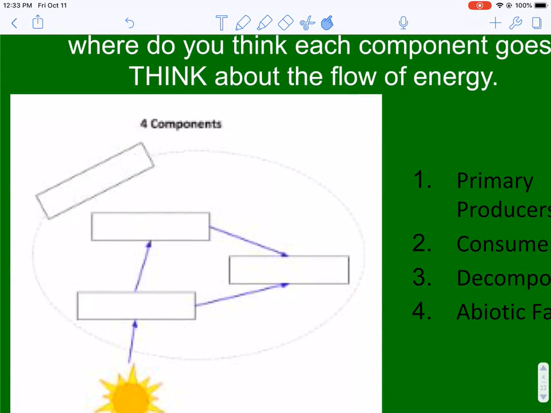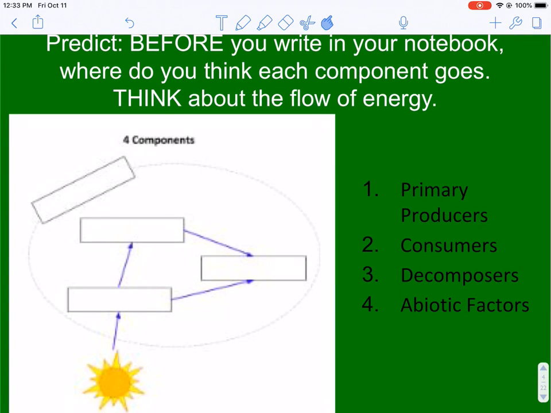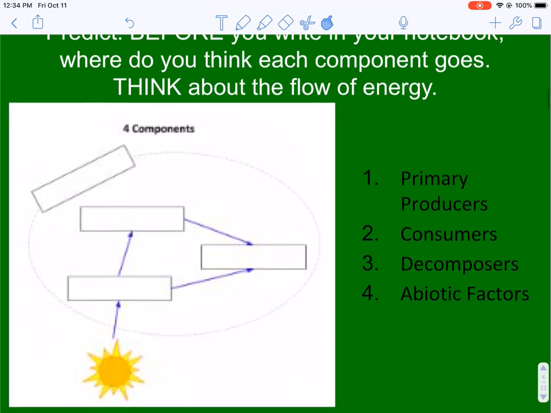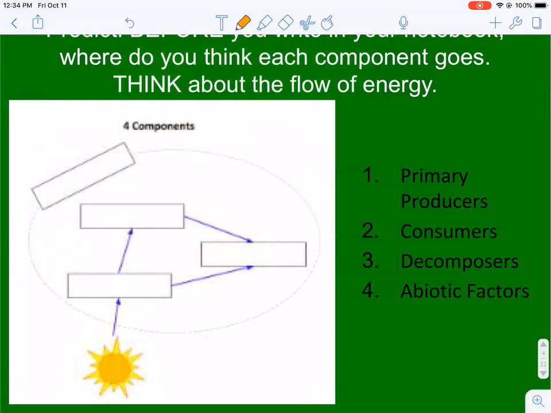Let's think here, what is gonna go where? And so before I just give you the answer, think about what of these 4 is sort of the beginning of the story. Now the sun is really the ultimate source. So think what receives, that's what we see by this blue arrow, what receives or consumes energy from the sun.